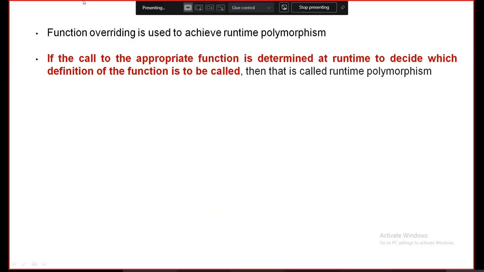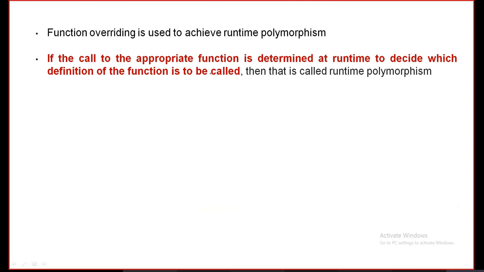So function overriding is usually used to achieve runtime polymorphism. Now, as we discussed, if the call to the appropriate function is determined at runtime, to decide which definition amongst the two function definitions is to be called, then that is called runtime polymorphism.